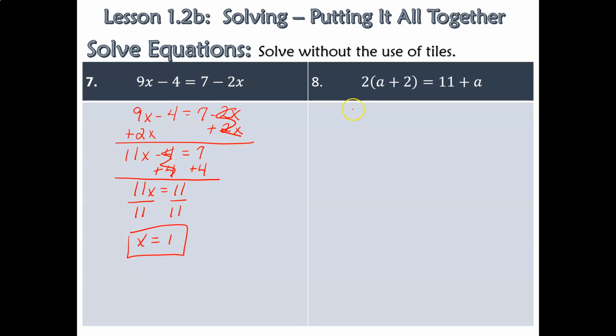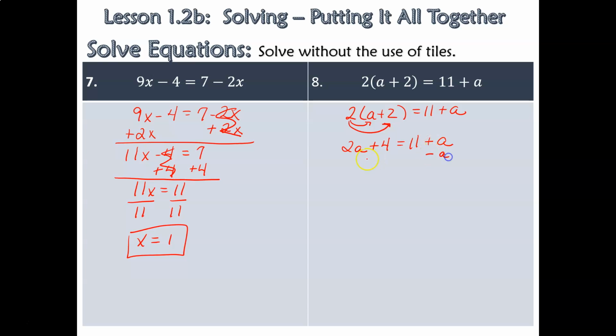Okay, the next one, we have to distribute because we have those parentheses to deal with. So I'm going to take 2 times a, which is 2a. 2 times positive 2, which is 4. Nothing to collect on either side, but we have to move the variables to one side now.